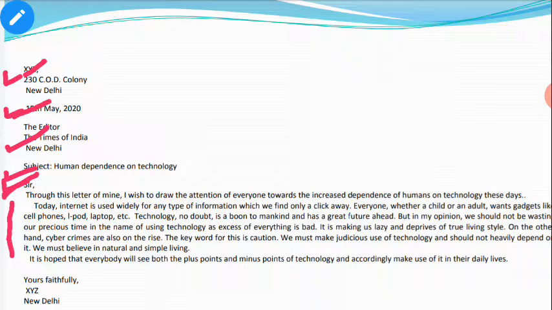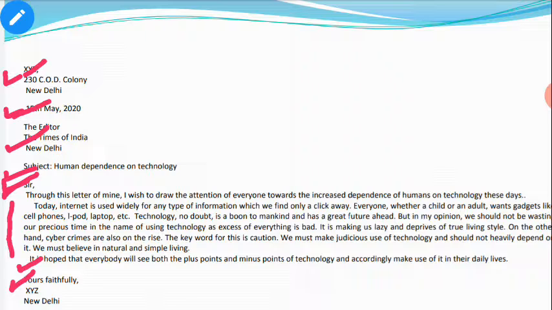And the last sentence summarizes or reiterates the reason why you are writing the letter: it is hoped that everybody will see both the plus points and the minus points of technology and accordingly make use of it in their lives. And then the complimentary close, Yours faithfully, comma, then the name and signature of the sender, XYZ, New Delhi.